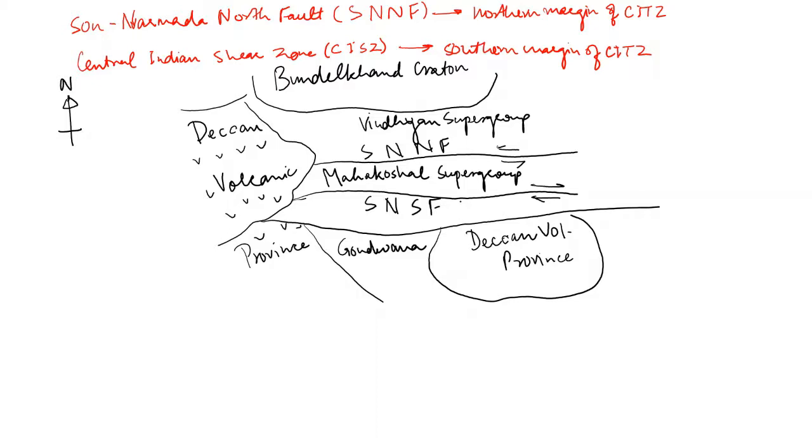So this is all Deccan volcanic province. All these are the Gondwana sediments over here. All these are Gondwanas over here. Then south of it are exposed the Sausar supracrustal deposits.